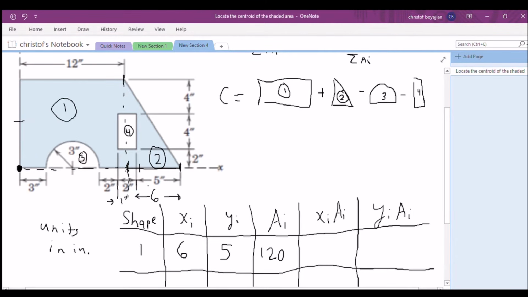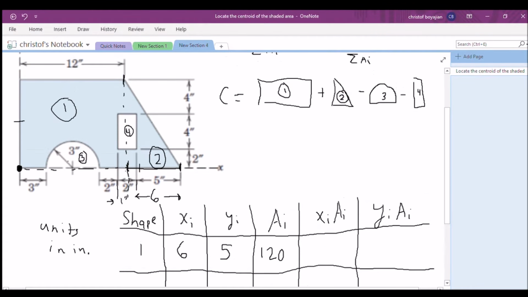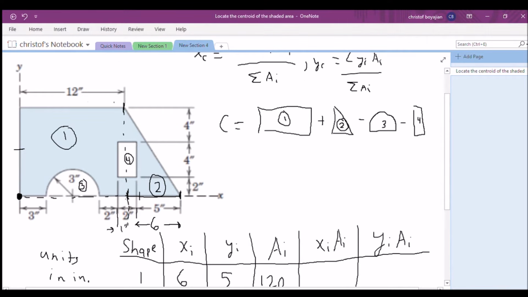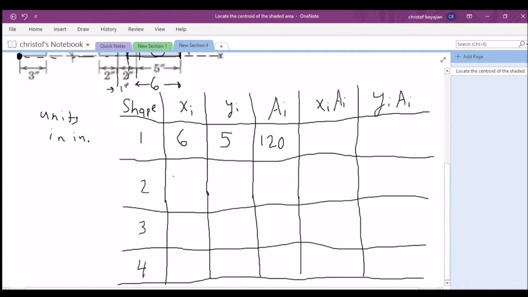So 1/3 of 6 is 2. Now, we add 2 with the distance that we have over here. So 2 plus the distance to this leg of the triangle is 14 because we added 12 plus 2. So our x direction is 14.